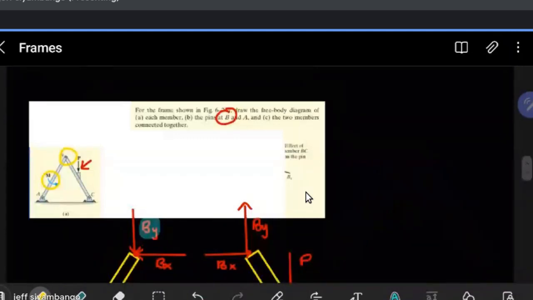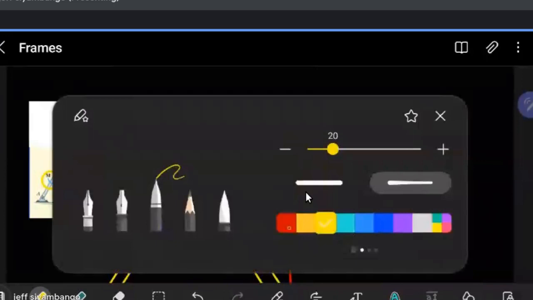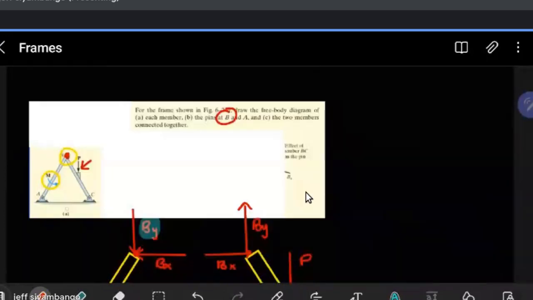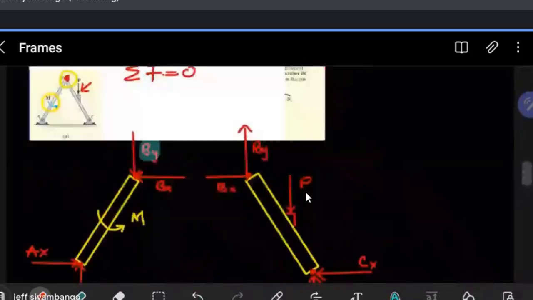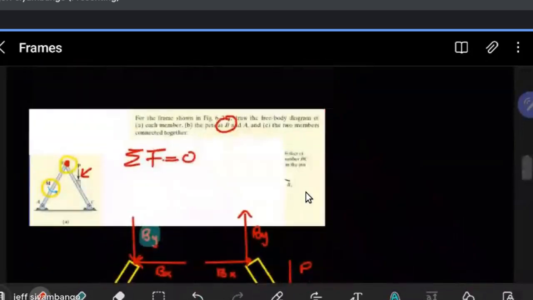When you sum the forces, you should get 0. Actually, even without making this drawing, you should still be able to understand this.